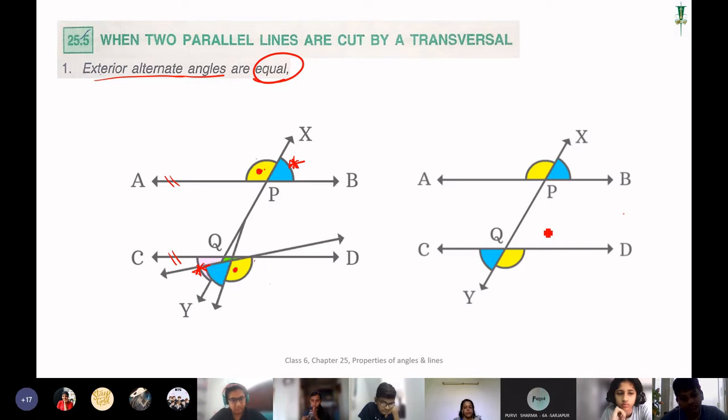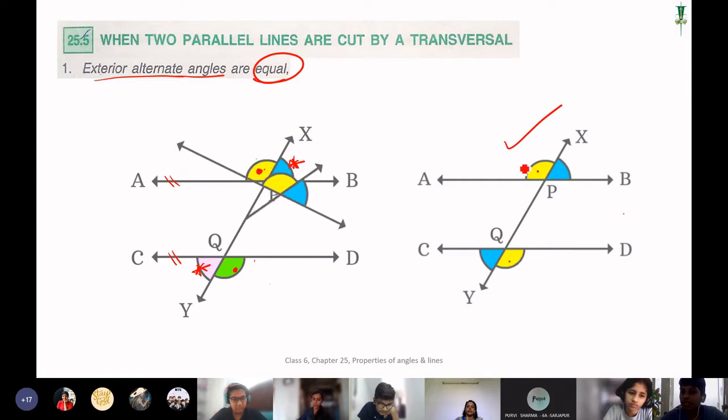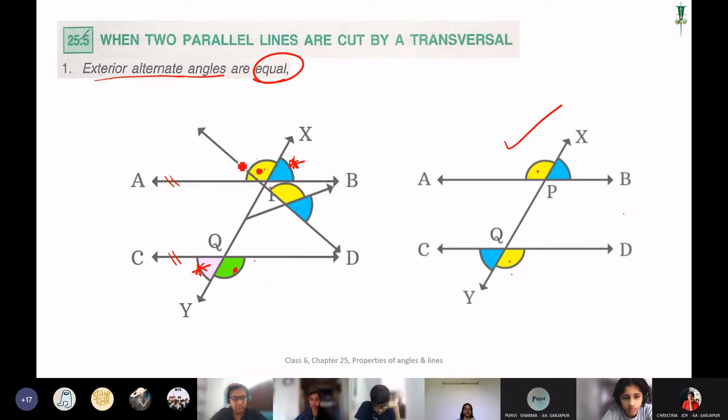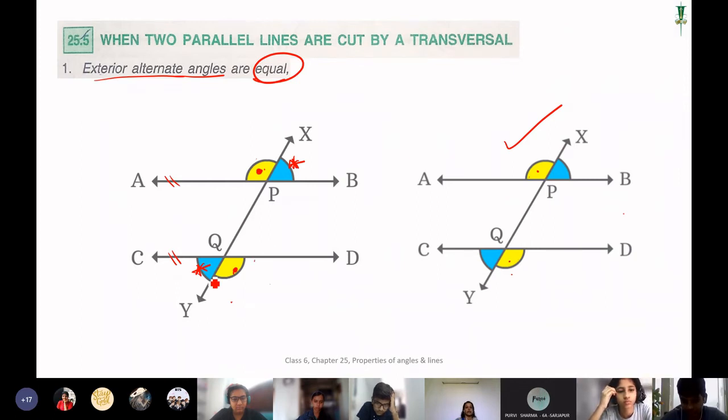This is the final figure formed. The yellow color indicates that the angles are the same. The colors simply indicate that there are two pairs of exterior angles formed, the green and the yellow, and the blue and the pink. That is for exterior alternate angles.